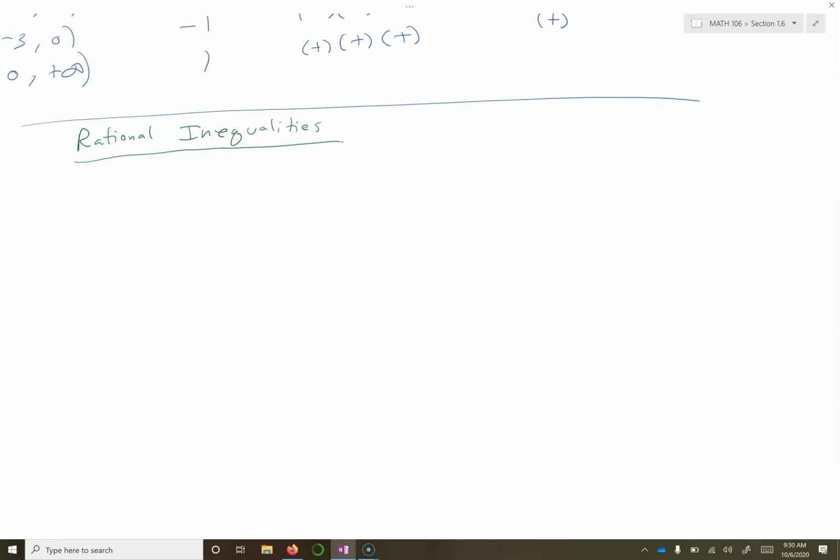So I'm not going to try to overcomplicate this at all. So what does a rational inequality look like? It could look something like this. Again, all we mean by rational is there's a fraction that's going to be there.